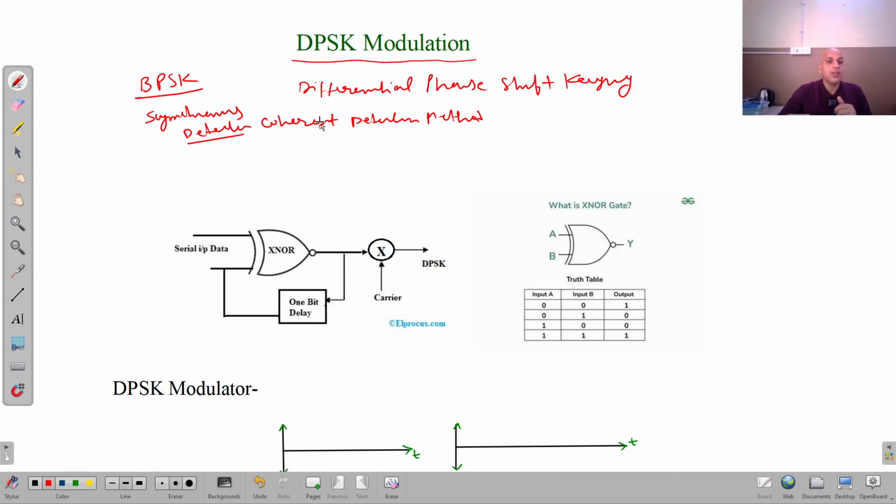Now, to demodulate a BPSK signal, we again require that wave. It is done in two ways: either producing this carrier wave with the help of a local oscillator, or extracting it from the incoming BPSK signal.